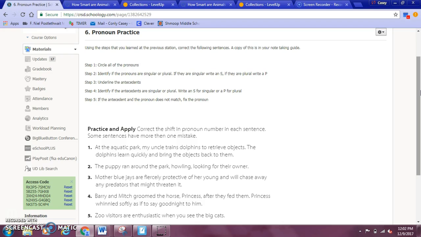We talked about steps at the previous station, so I gave them the steps right up there for them to use as they completed these questions. What the students had to do was find the pronouns in the sentences, circle them, identify if those pronouns are singular or plural, find the antecedents, identify if they are singular or plural, and if they don't match, they need to fix the pronoun.